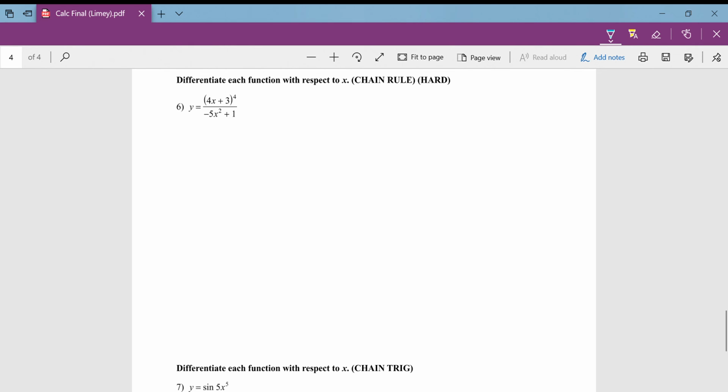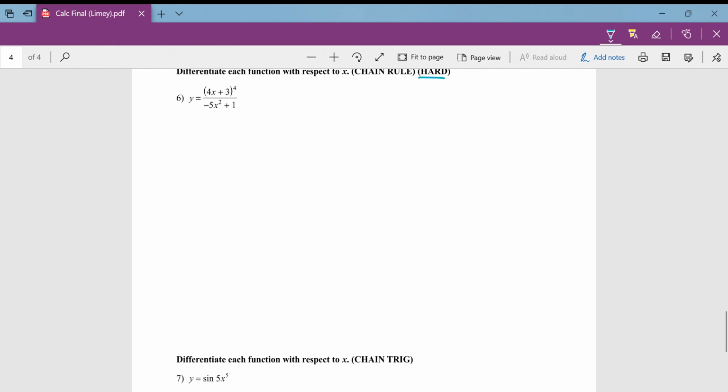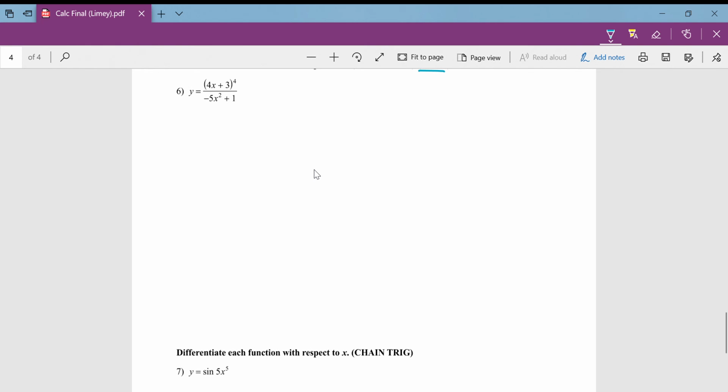So this is the chain rule and the quotient rule all rolled up into one. It's pretty complicated, hence hard. So let's just jump right into it. Derivative of, that's kind of big. I think I might need a lot of space.